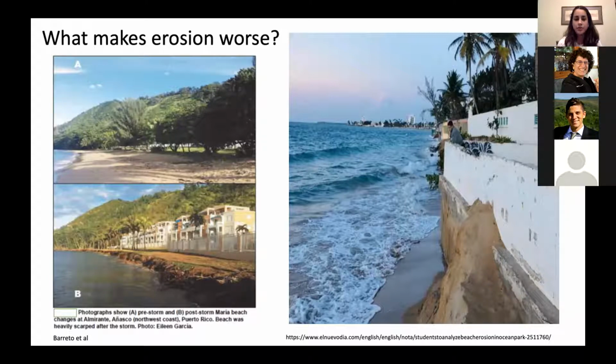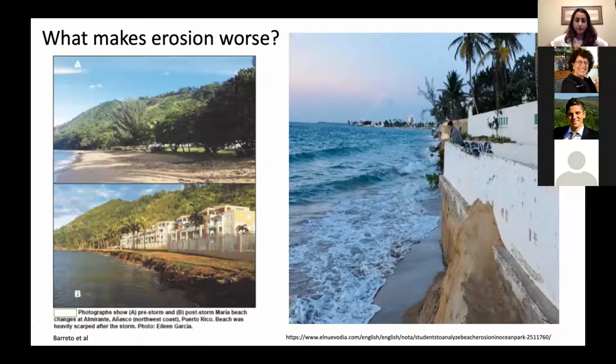You know, these are normal processes, but then this can also be exacerbated by human activity and global warming, causing sea level rise, and also an increasing amount of hurricanes and more intense hurricanes. So as we know, sea levels have been rising in the past few decades, and we expect them to continue rising.